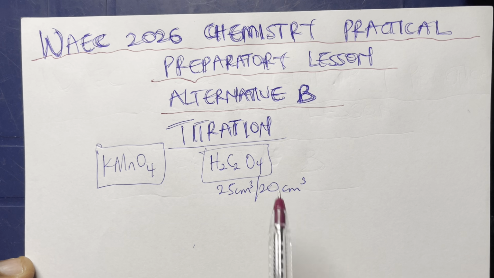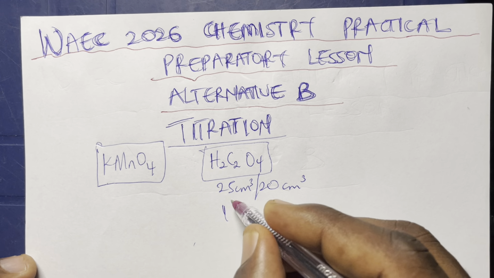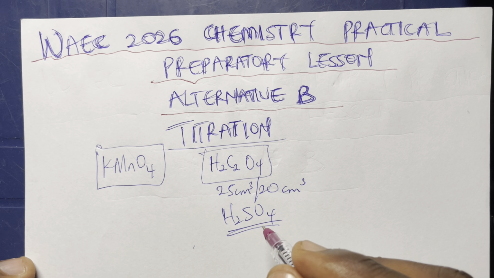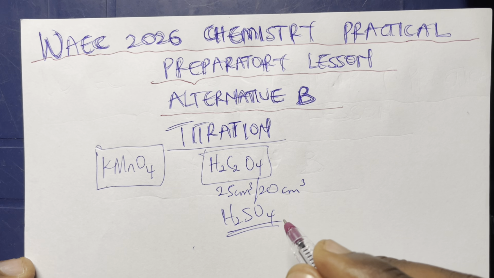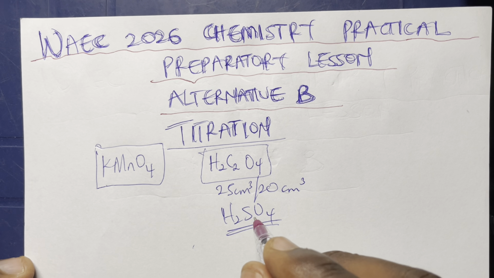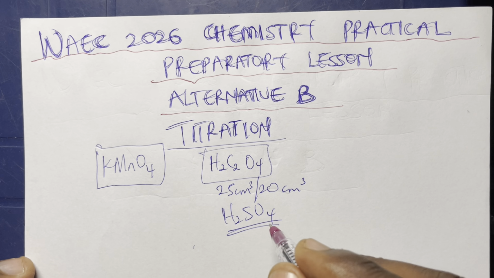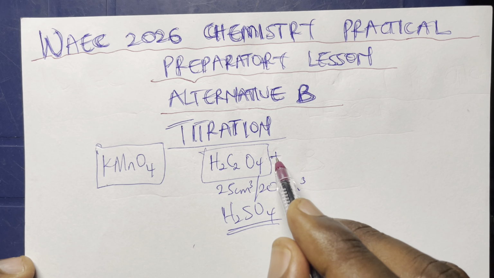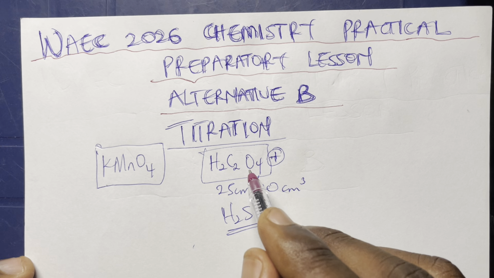You'll be told to add dilute H2SO4. You might add maybe 10 ml or 20 ml, it depends, but most times usually 20 ml of dilute H2SO4. You are going to add it into this flask here.